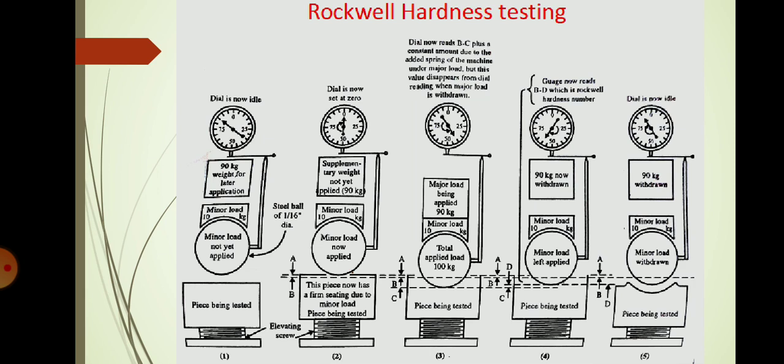Here the ball indenter may be a steel ball of 1/16 inch diameter. Over that, one minor load of 10 kg, and then a 90 kg weight for the major load. So there are two kinds of load applied on the indenter, and in turn on the specimen.